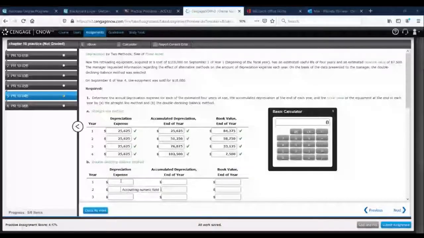All right, you should be able to see the declining balance method, and this is Cengage now that we're looking at. The depreciation expense that we figured from our spreadsheet for year 1 was $55,000. The accumulated depreciation was also $55,000.